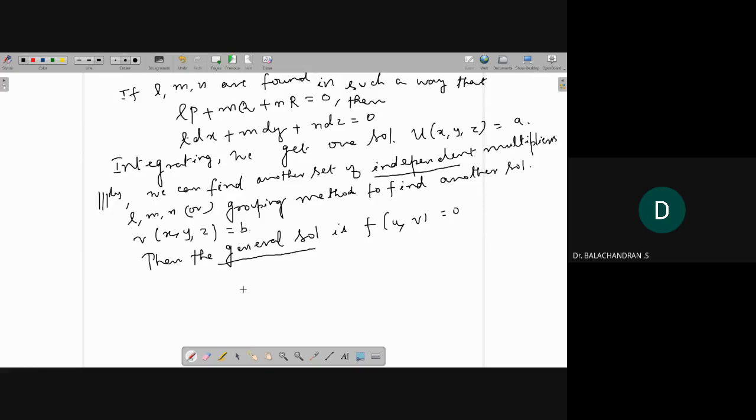But the advantage of the linear Lagrange's equation is that you can find the general solution of the given PDE. Okay, so now at least we'll solve one problem.